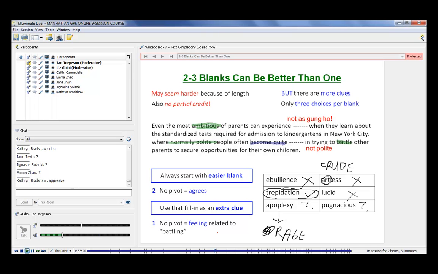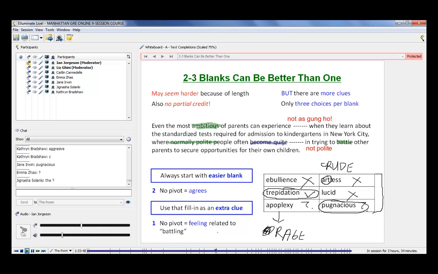Out of our options, what do we have to pick for the second blank? We've got to pick pugnacious. Yeah, and Catherine's giving us the definition there. Pugnacious means aggressive. The way I always remember this is think about that dog, the pugs, right? I don't know if they're actually aggressive, but think about dogs.